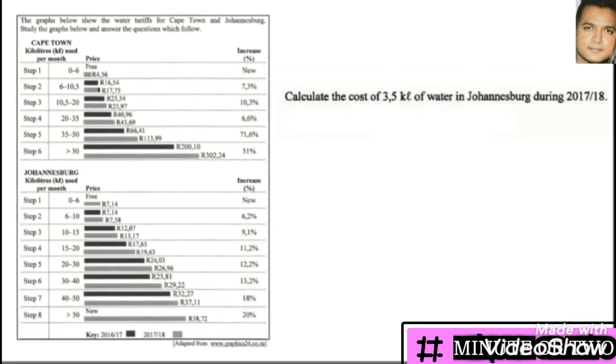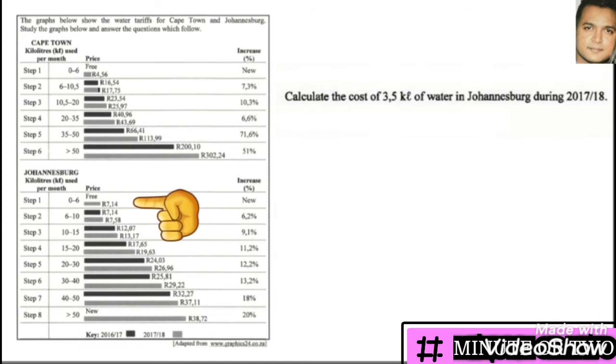Calculate the cost of 3,5 kiloliters of water in Johannesburg during the 2017 and 18 year. Taking the 3,5 kiloliters into consideration, we know by looking at Johannesburg, we are dealing with step 1 of the tariff table because it is between the 0 to 6 category.